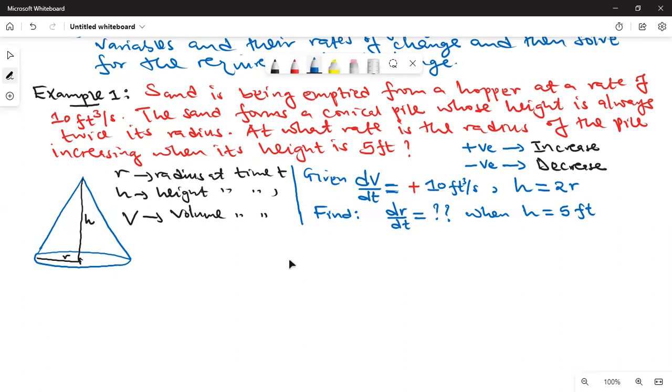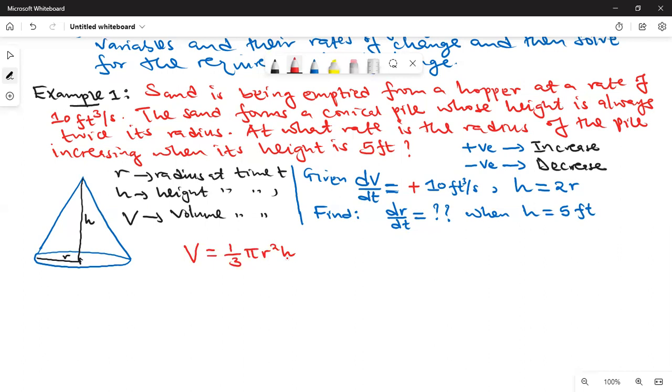And so the question is, how do you find the volume of the cone? The formula for the volume of the cone is V equals 1/3 pi r squared h. That is how to find the volume of a cone. But because I need a relation, this is a relation between V, r, and h.